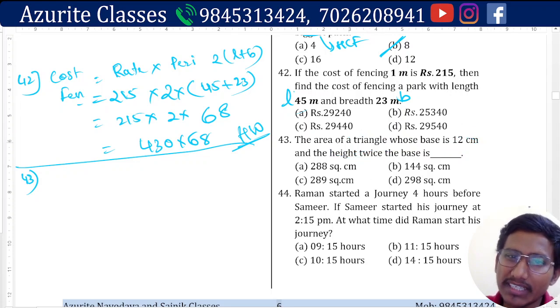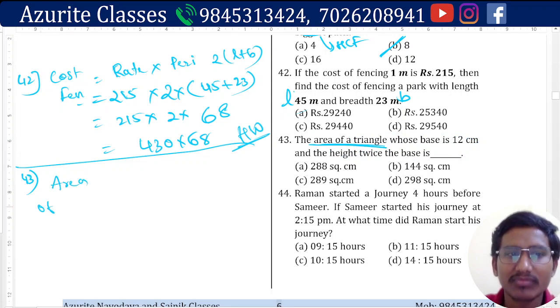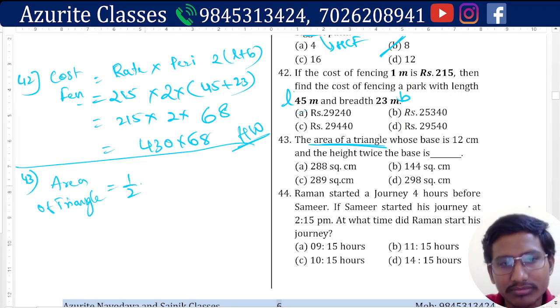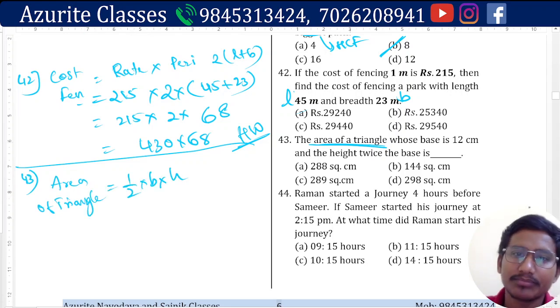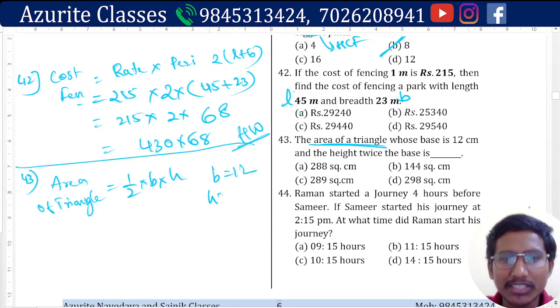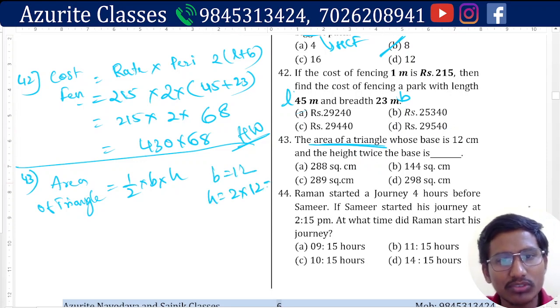How do you find the area of a triangle? That is half of base into height. They have given base is 12, and height is twice the base. So 2 times 12, that is 24.